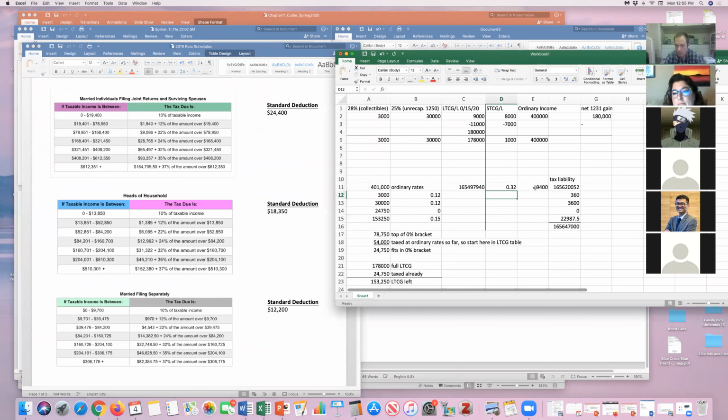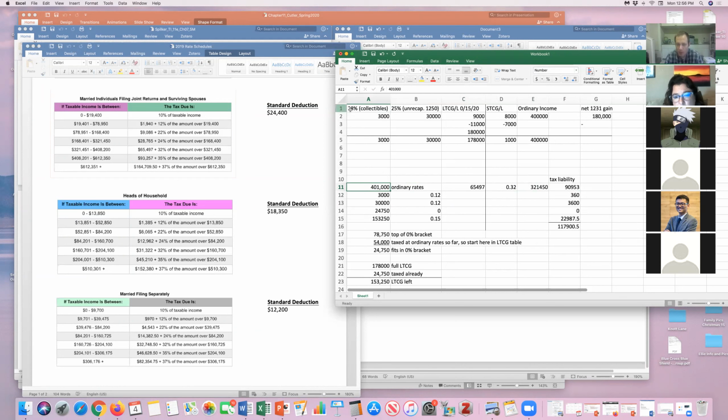Oh, I didn't, what was that? I missed it. 65,497 minus 321,450. So just using my formula, this should be their tax on the ordinary income and the short-term capital gain.